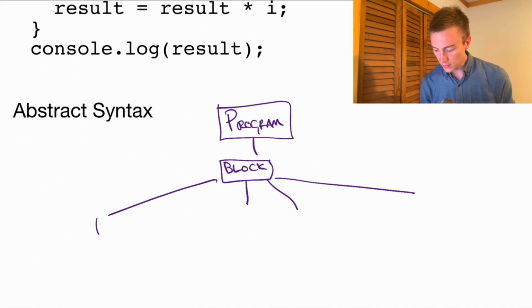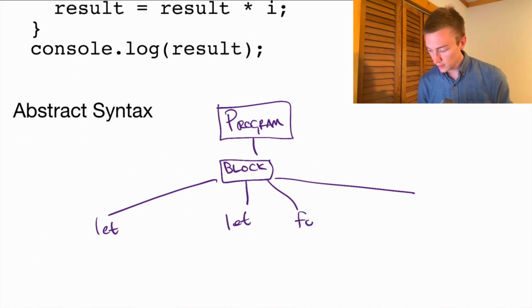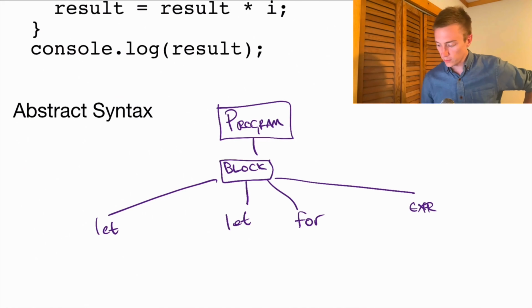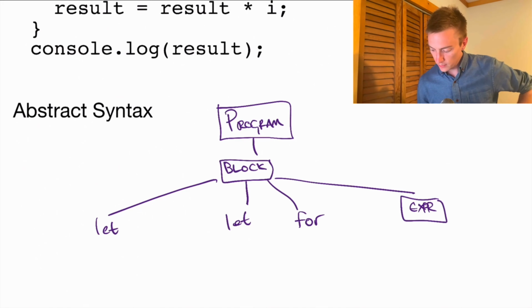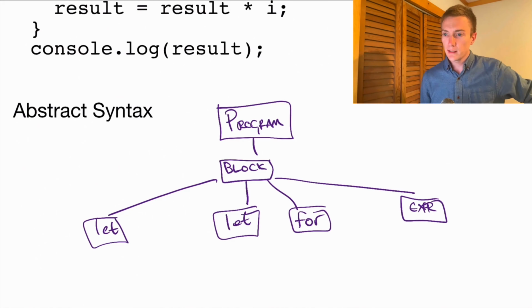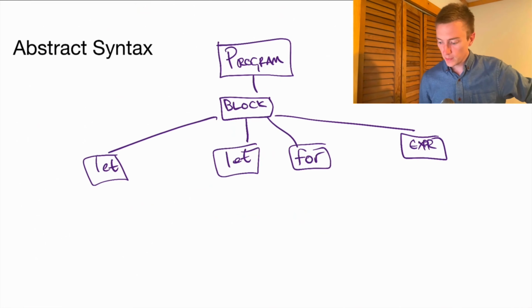Like, for example, there's a let statement, a for statement, and an expression for the console.log. So these are all nodes in the tree. You notice that at this level, we haven't expanded out what goes into the let statement, but I will now fast forward and show you the rest of this tree.